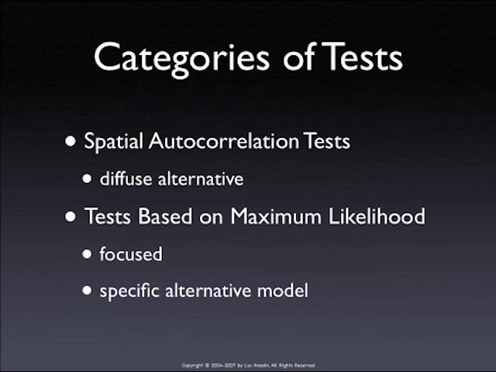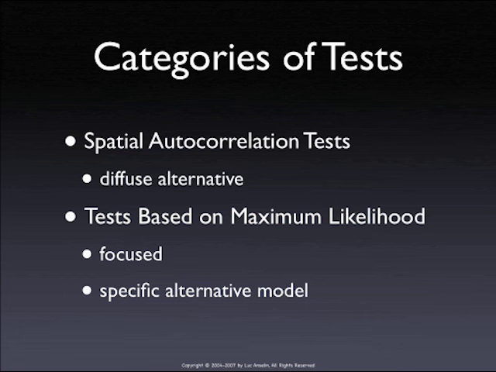Say you reject a null in favor of a spatial lag model. Then it's up to you to specify that spatial lag model, and you can take a number of different weights matrices. Now the weights matrix that you used in your test will typically have power against lag models with different weights matrices, because it helps you reject the null.